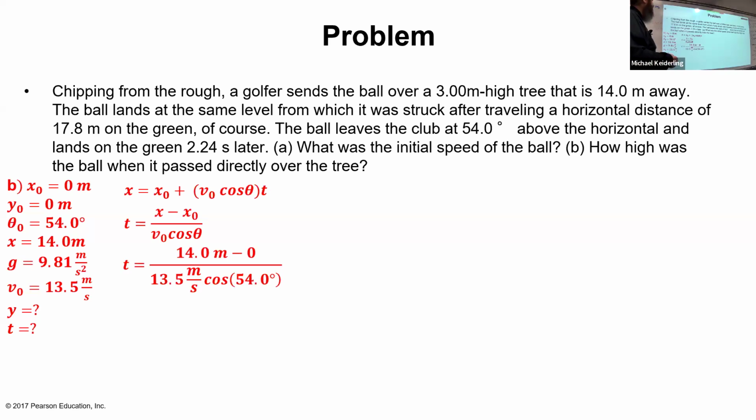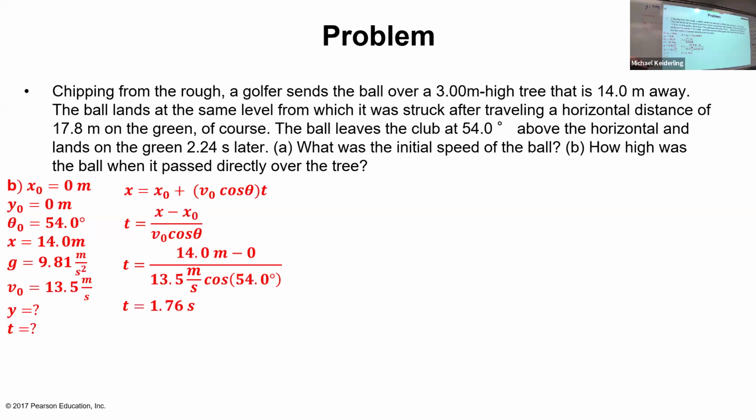So 14 meters minus 0 over 13.5 meters per second times the cosine of 54 degrees, which comes out to 1.76 seconds. So we know that the ball was over the tree at 1.76 seconds.